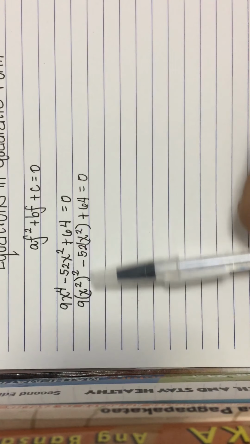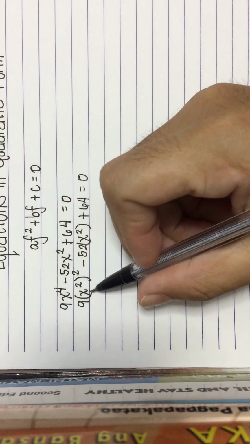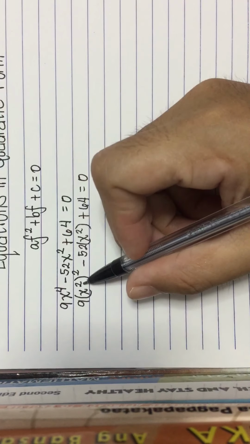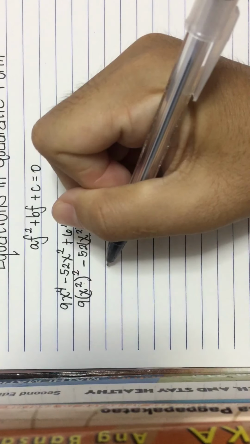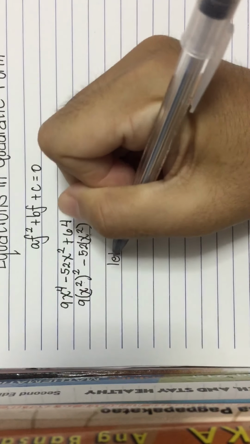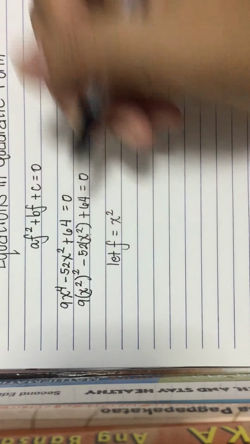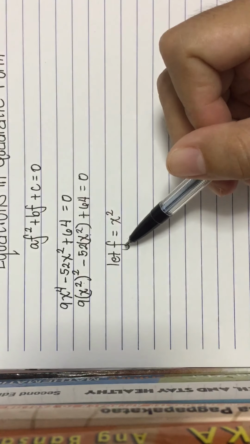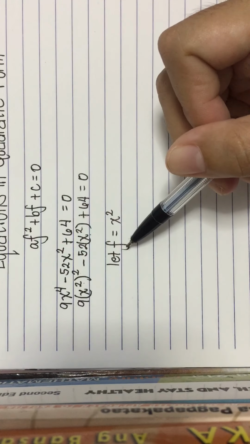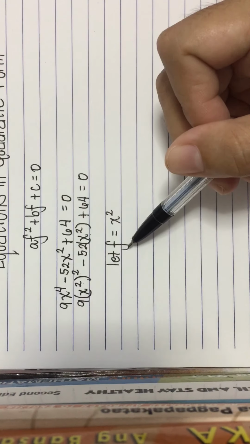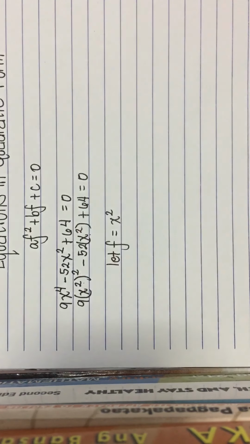They are common. Since we write it as x squared to the second power and this one is x squared, we may let f be equal to x squared. You can use any other letters from A to Z, except x of course, but for me, I choose f. So let f be equal to x squared.